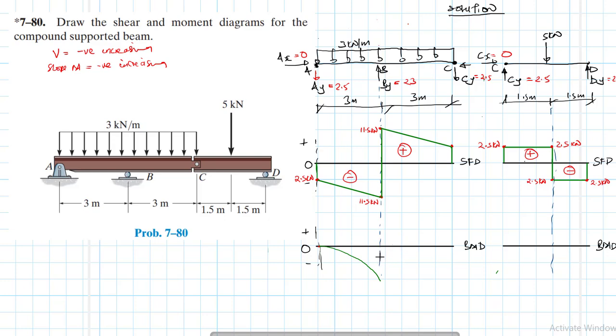Okay? Negative increasing slope. Okay, let's say it comes up to there, something like that. All right. So let's say this is the value.